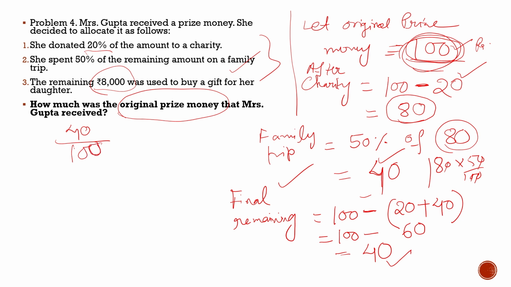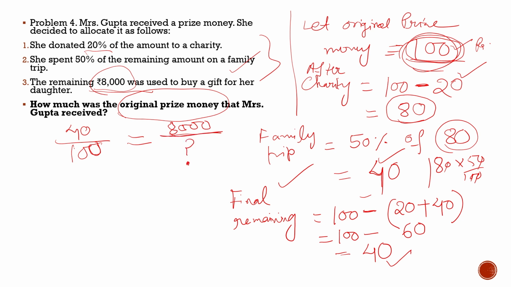After all this, 40 is the remaining amount when the prize money is 100, which should be equal to the original case, where we don't know her original prize money. In the actual case, the remaining prize amount was 8,000 and we don't know the original prize money.